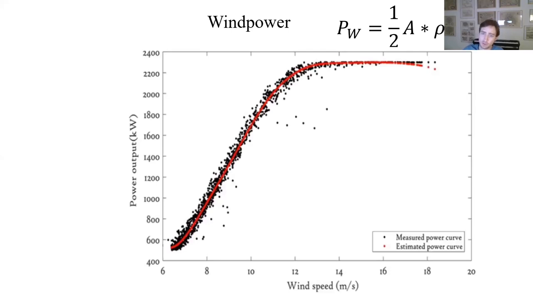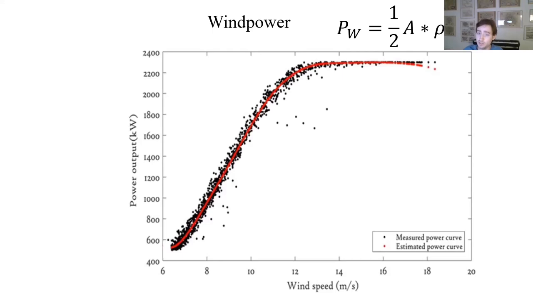Now, this very simple equation is used ubiquitously in the field of wind energy, and it fits almost exactly with measurements. Here's a graph I pulled from a paper where they predict the power generated and compare it to measurements, and it lines up super well.